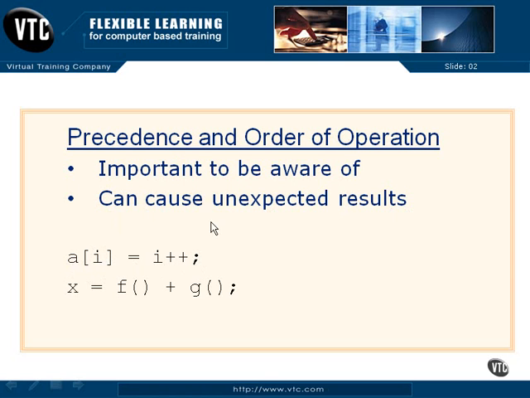Whatever is in the location referenced by I, 0, 1, 2, 3, is going to be equal to the value of I incremented. Well, here's where precedence and order of operation gets us. Which I are we going to use in here? I before it is incremented, or I after it is incremented with the plus plus, the post increment operator?